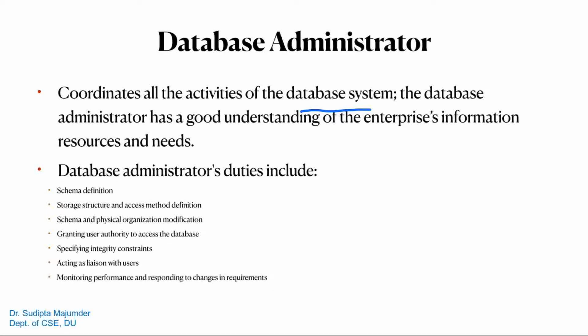There are various duties of the database administrator, which are as follows. The first one is schema definition, storage structure and access method definition, schema and physical organization modification, granting user authority to access the database, specifying integrity constraints, acting as a liaison with users, monitoring performance, and responding to changes in requirements. These are the job profile of a database administrator.